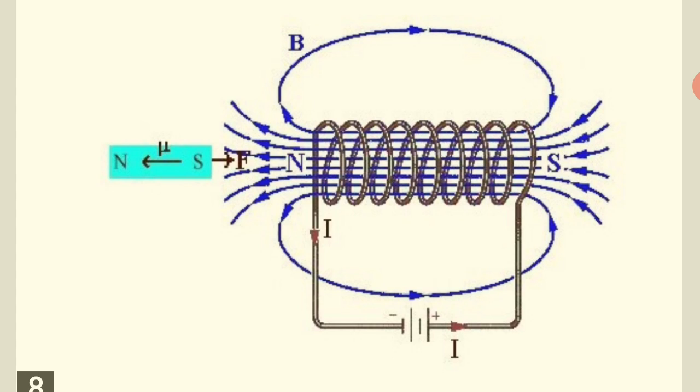What does it mean? The field lines being parallel to each other inside this solenoid indicates that the magnetic field is uniform inside the solenoid.